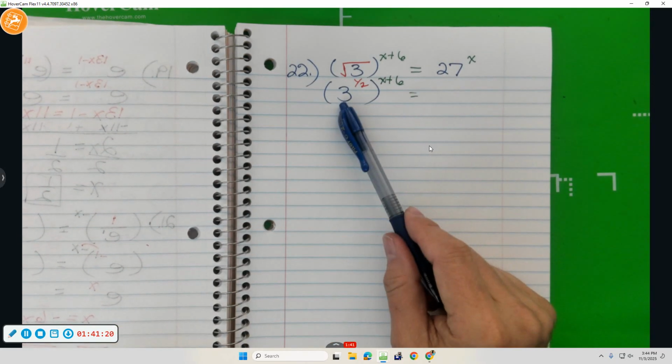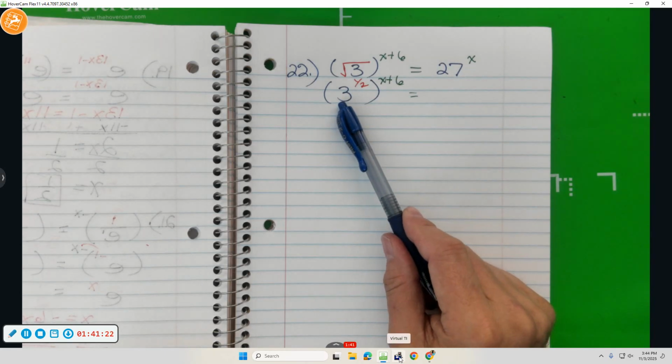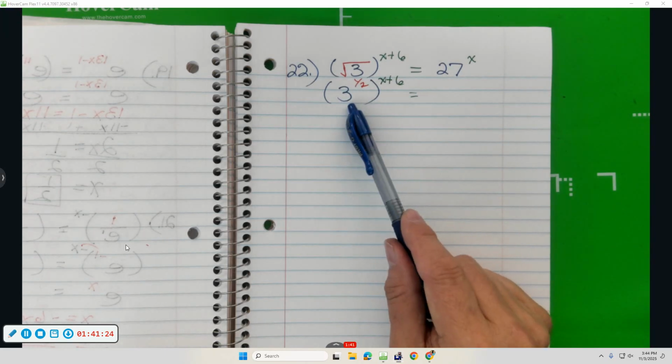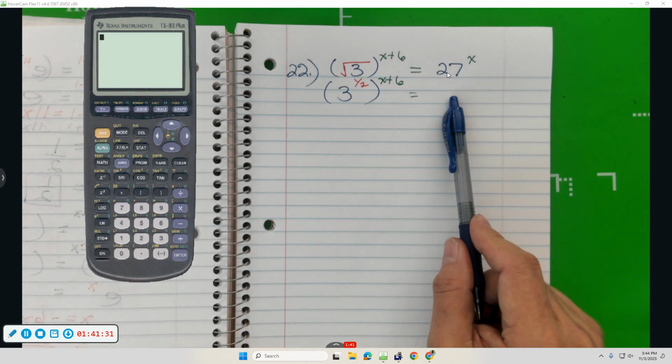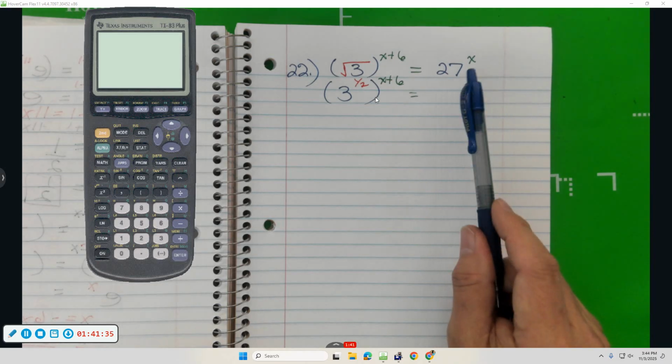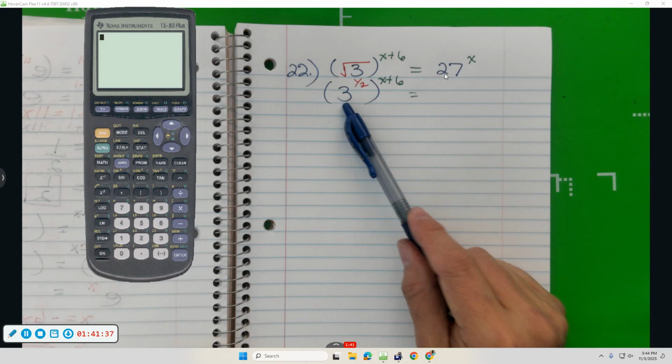Okay, the base on the left side is a 3. 3 is a prime number. You cannot change that 3. Which means if we're going to get a common base, what had we better be able to use over here? A 3? Okay, how do we write 27 as a power of 3?